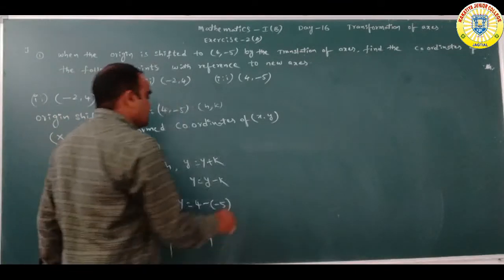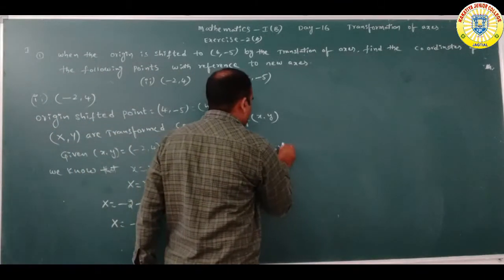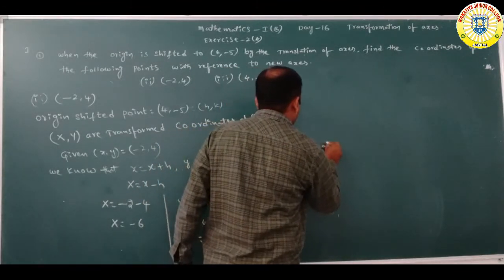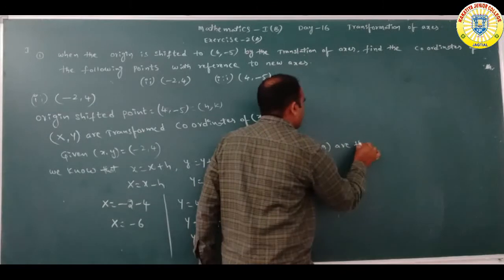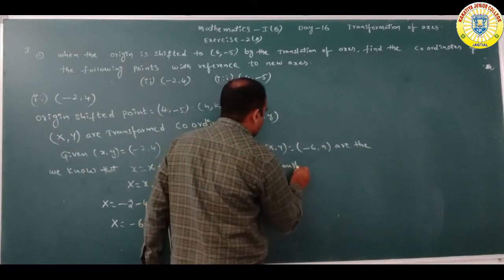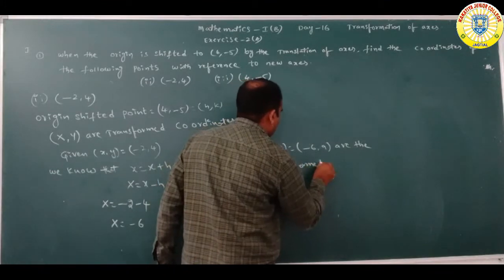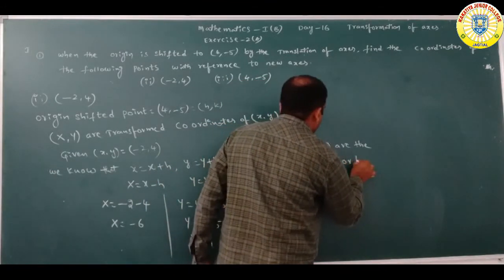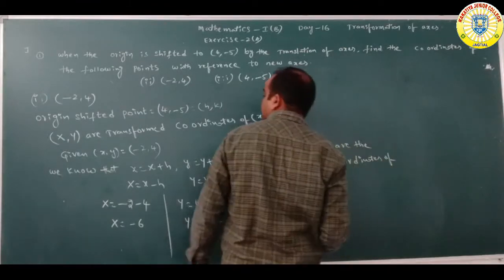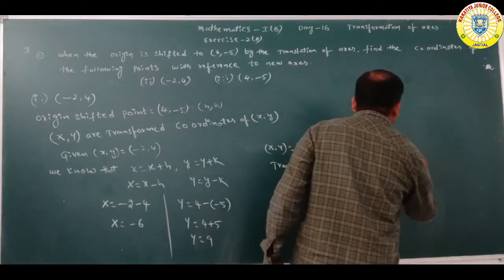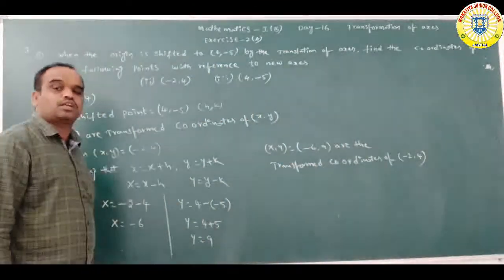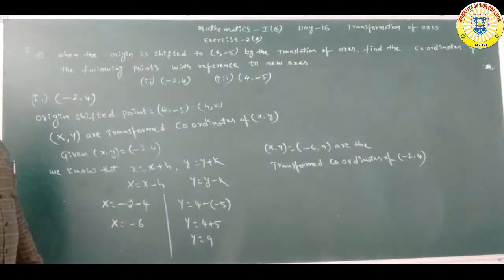Therefore capital X comma capital Y is equal to minus 6 comma 9, the transformed coordinates of minus 2, 4.